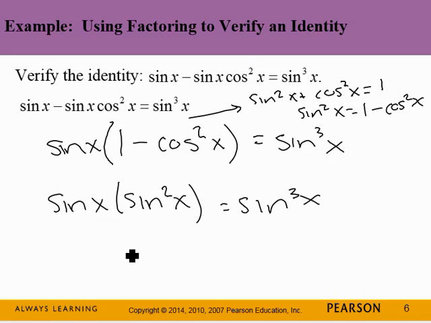So you multiply the two together and you get sine cubed x equals sine cubed x. And your identity is verified.